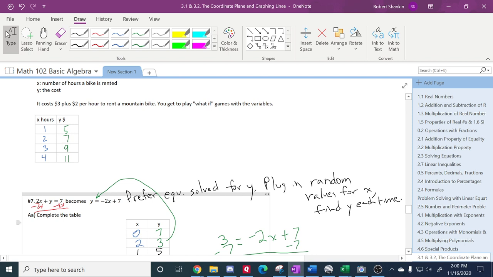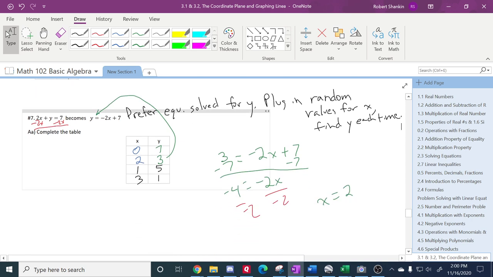But it's still a relationship between these two variables. And the relationship is looking like this. Okay. And we get a table of values that is starting to show, well, this is the what-if games. If the x is 0, the y is 7. If the x is 2, the y is 3, etc.